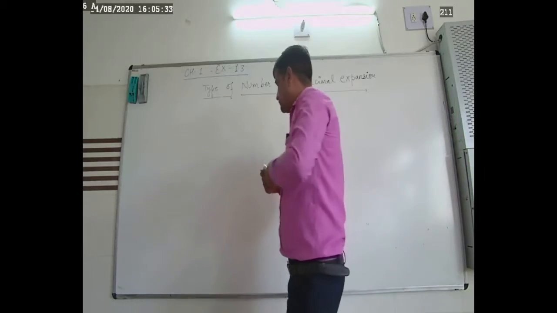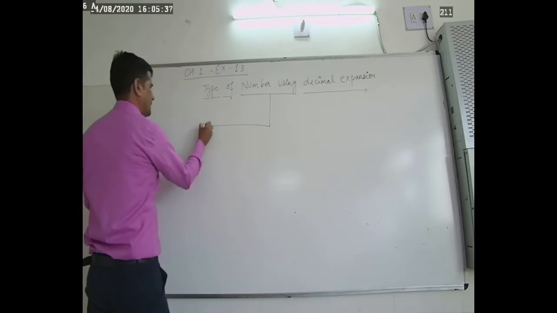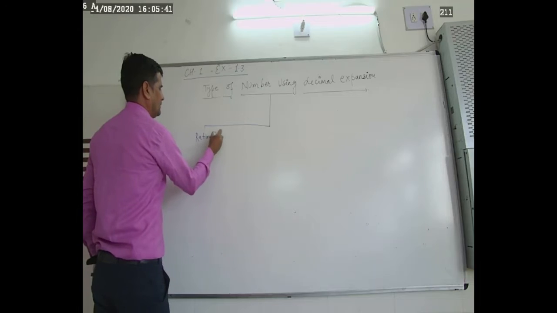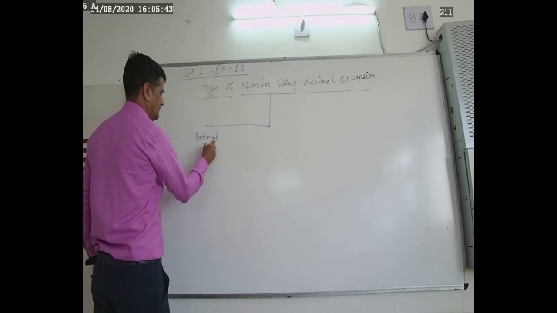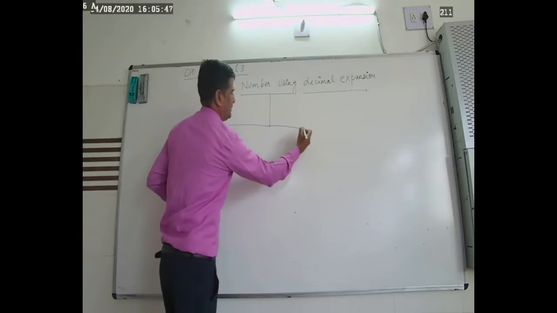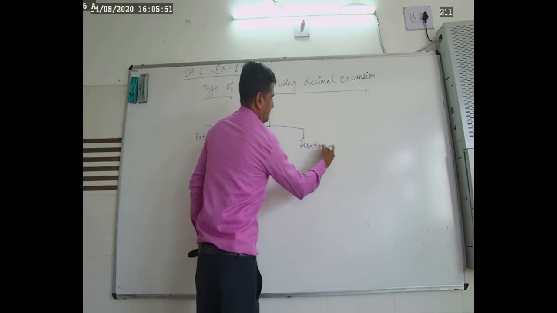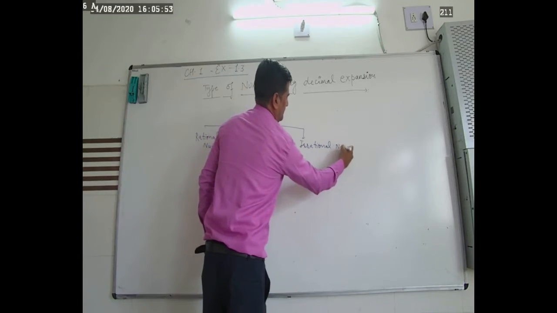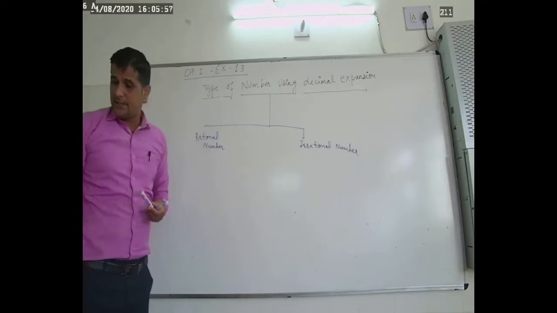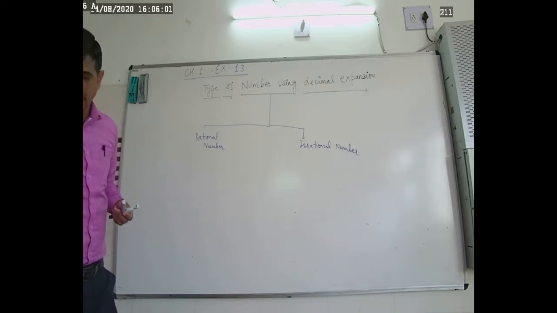So the table I will draw: on one side it will be a rational number, on the other side an irrational number. I will discuss the type of the number, whether it is rational or irrational.